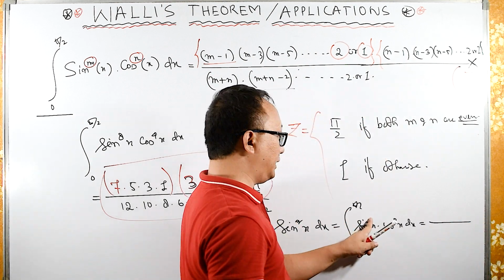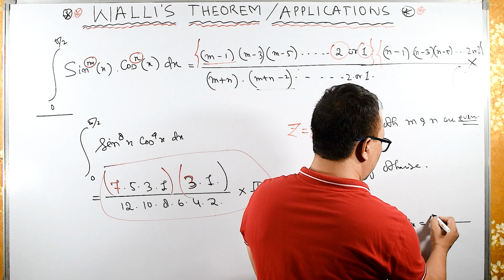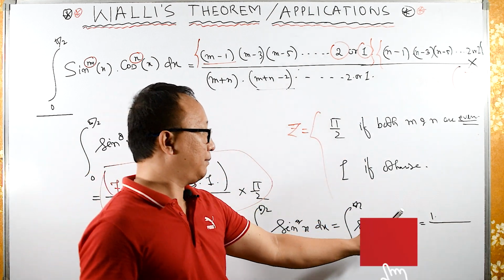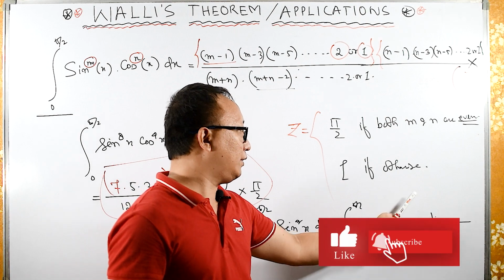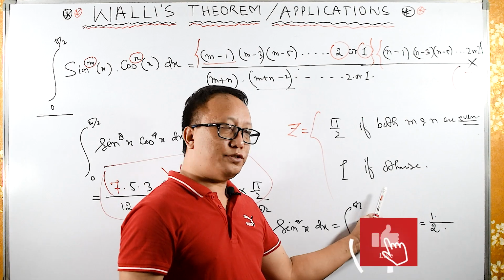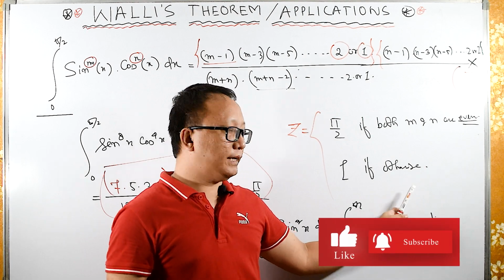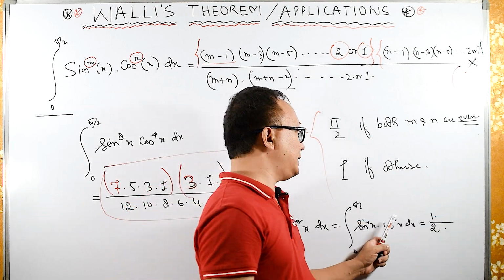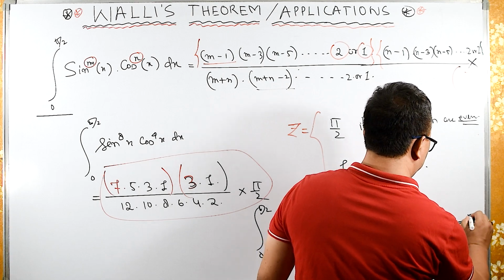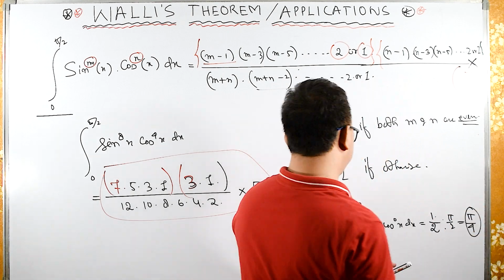From these, I have to decrease 1, so 2 minus 1 is 1, and I have to stop here. Over here the 0 contribution is nothing, and we have 2 plus 0, which is 2. 2 is even, and 0 will also be considered even in the indices. Since it is even, pi by 2 will come here. So pi by 2 times 1 over 2 is pi by 4. Pi by 4 is the required answer.